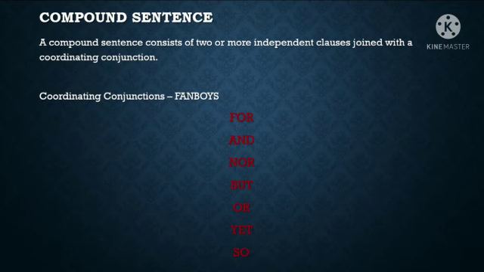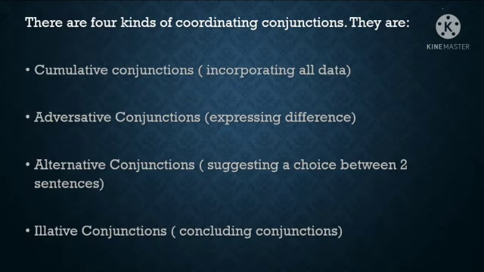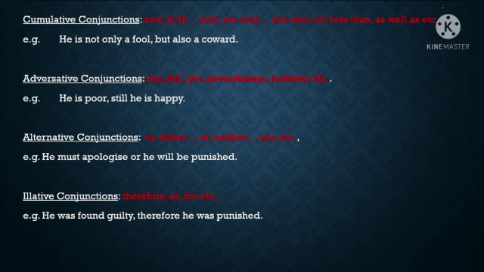And coordinating conjunctions are further divided into these groups: cumulative conjunctions, adversative conjunctions, alternative conjunctions, and illative conjunctions. So in a compound sentence, you'll be having two or more main clauses joined with a coordinating conjunction.